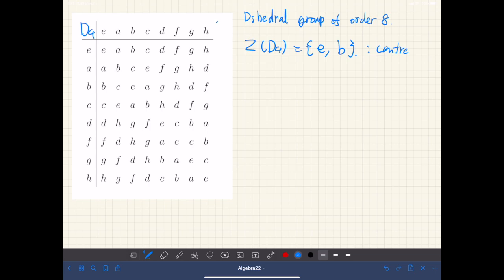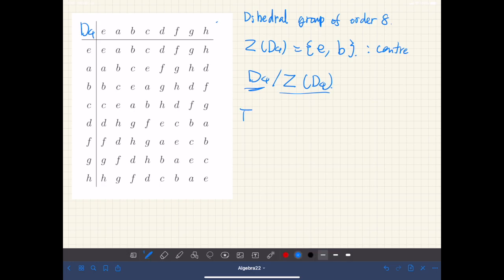So let's find the quotient group G by H, which we have written before. In this case, G corresponds to D4 and H corresponds to Z(D4).